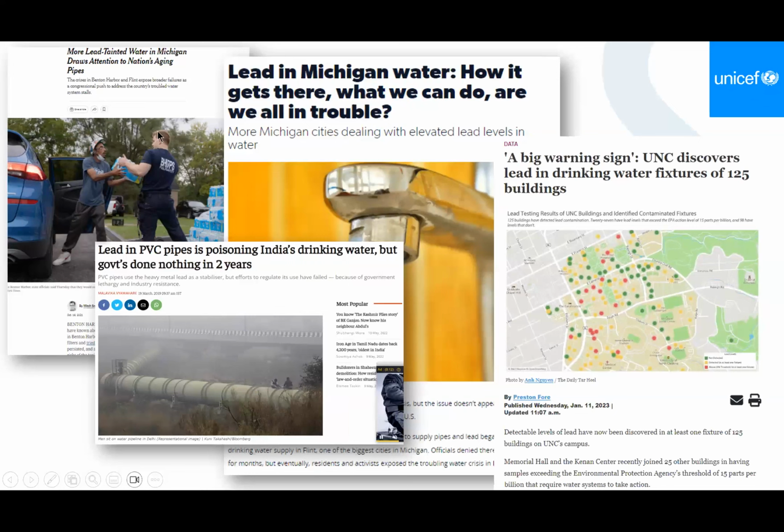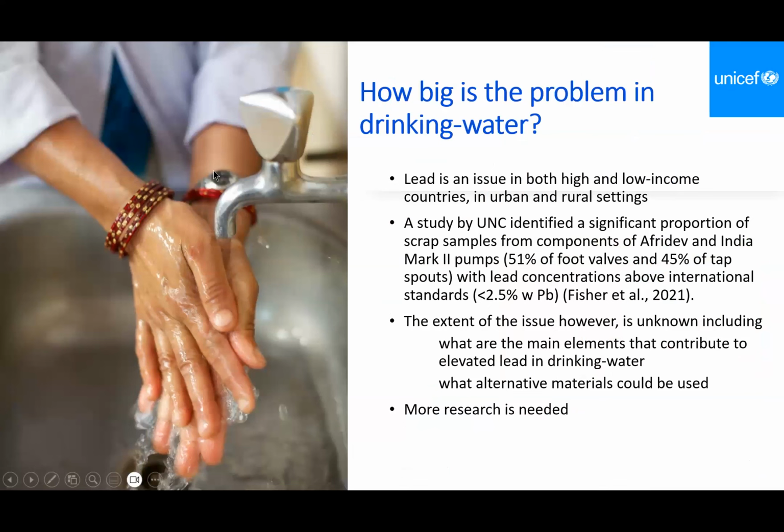And we don't want users to just shift to other sources of water, such as bottled water in developed countries or, in low and middle income countries, to other unsafer sources. So we need to manage this in a rational and scientific way to make sure that we balance this alarm and action. In the next slide, we will see how big is the problem in drinking water.